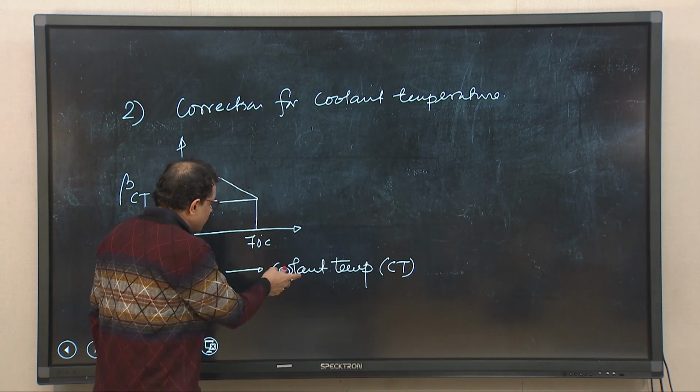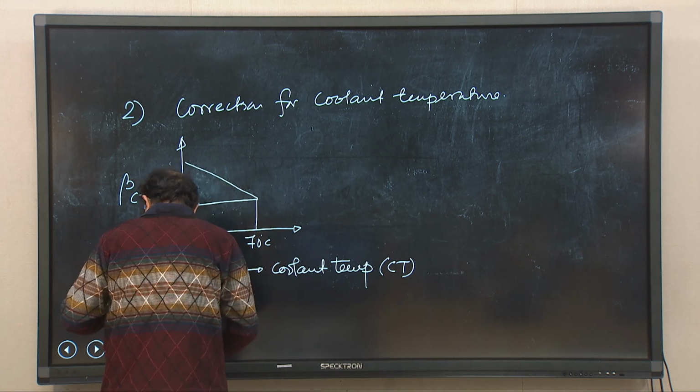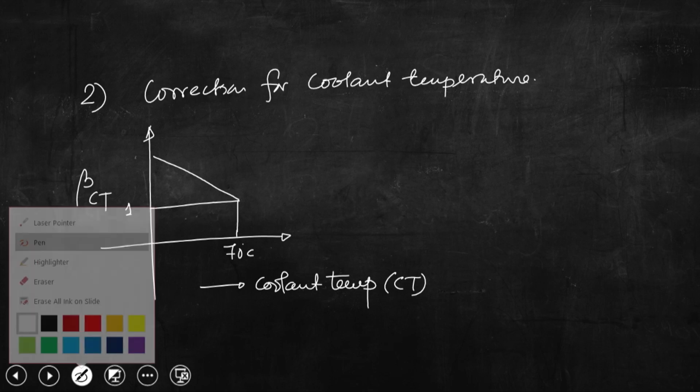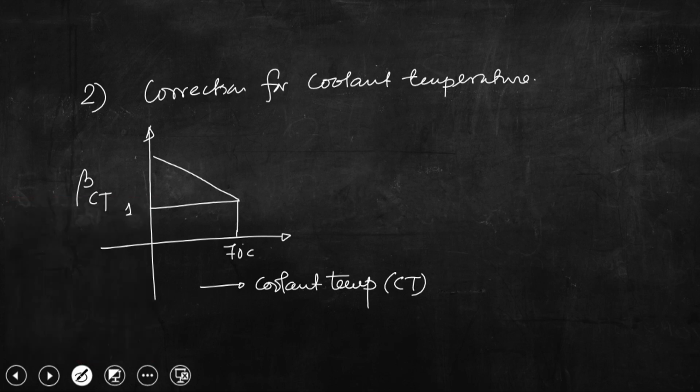Essentially, if the coolant temperature is below the reference temperature of 70 degrees, then the injection duration is increased, say to 1.2. This point is the reference point.